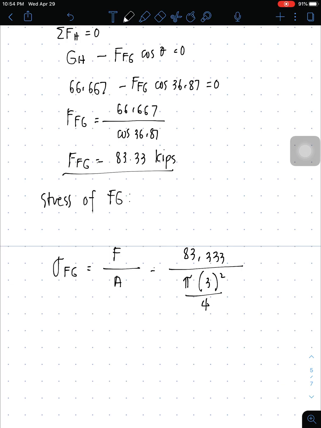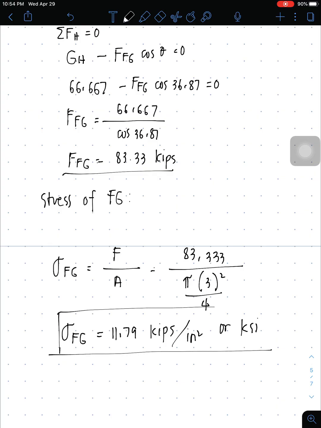So the stress for FG, it's now 83.33 divided by pi times 3 square over 4, 11.79 kips per square inch, or that's KSI. And this is our final answer.